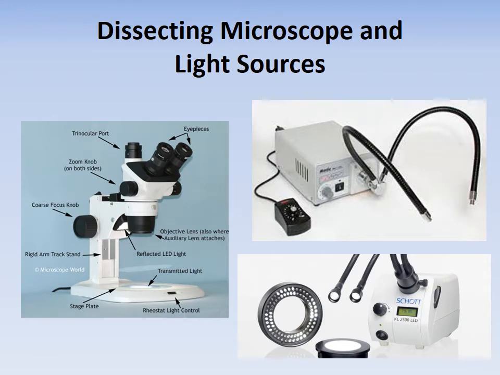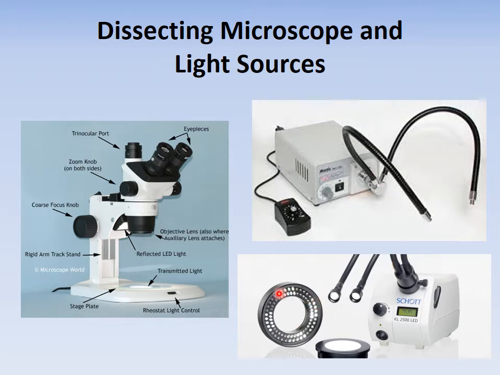So most of us are using dissecting scopes, dissecting microscopes similar to this. We've got the platform here where you put your sample in a petri dish and the light is shining through. You can have light sources that are like this, where they're these wands that you can point at your subject.